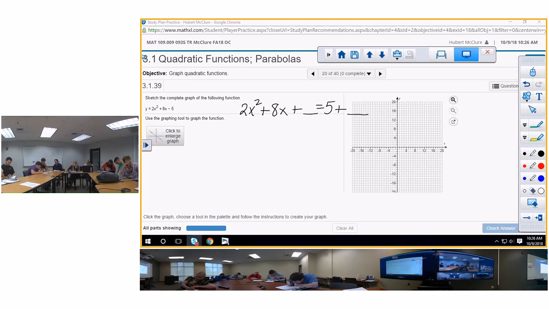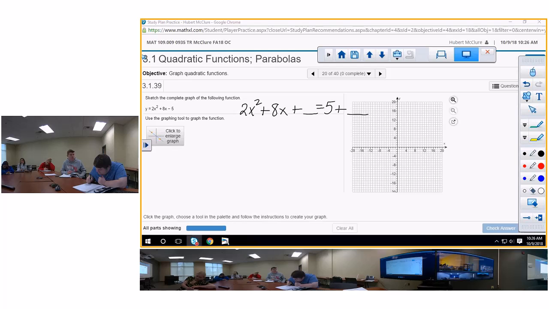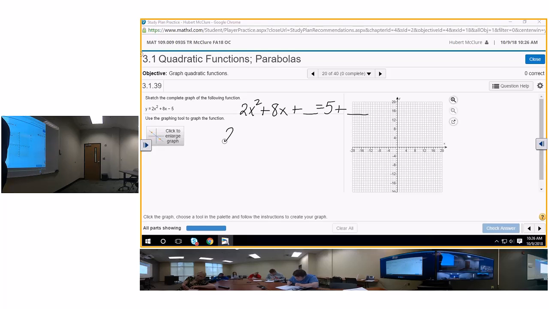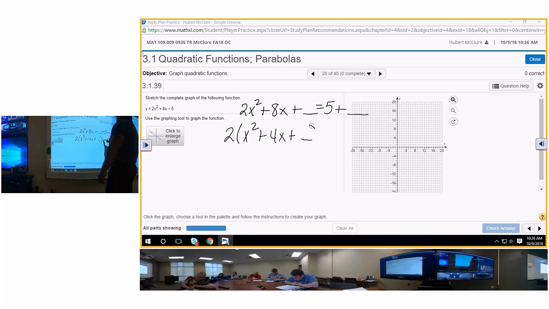So, what's the first step? Factor the 2 out. Factor the 2 out, yes. That's going to give you 2 times x squared plus 4x plus blank is equal to 5 plus 2 times blank.